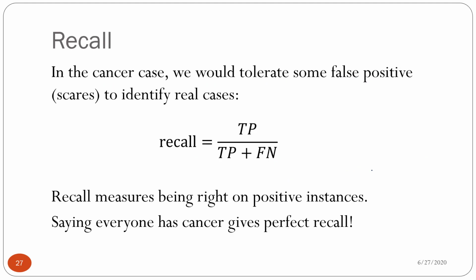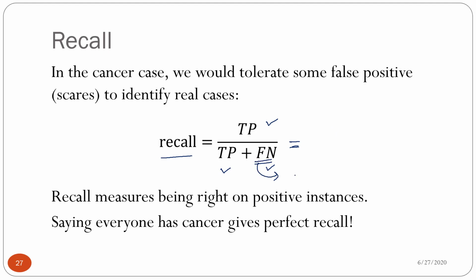Alright, so we have one more measure which is called recall. How do we define recall? Recall is defined as the number of true positives divided by true positives plus false negatives. How should we understand this? This evaluates the portion of the true positive cases that you were able to identify. What is a false negative?